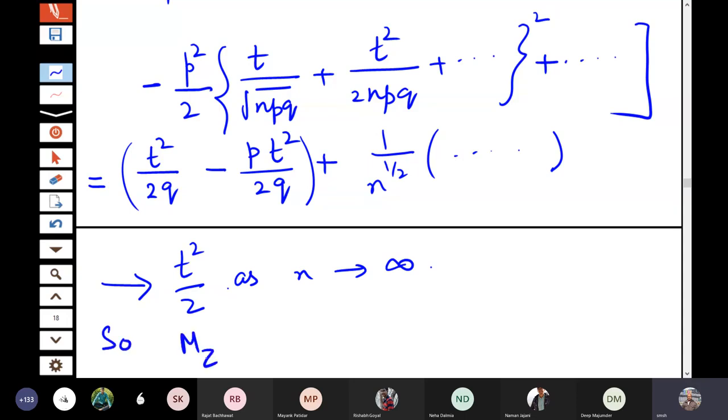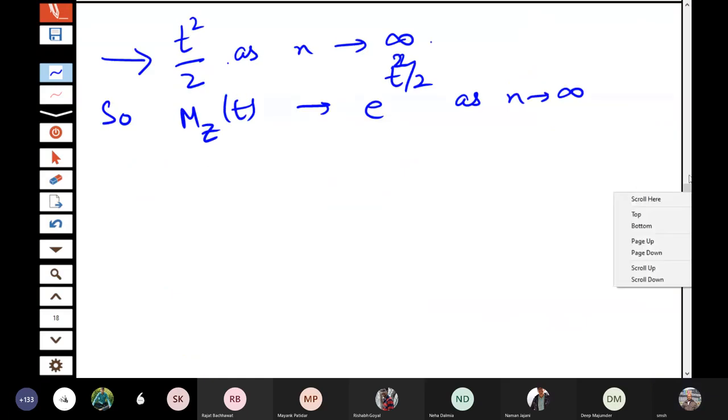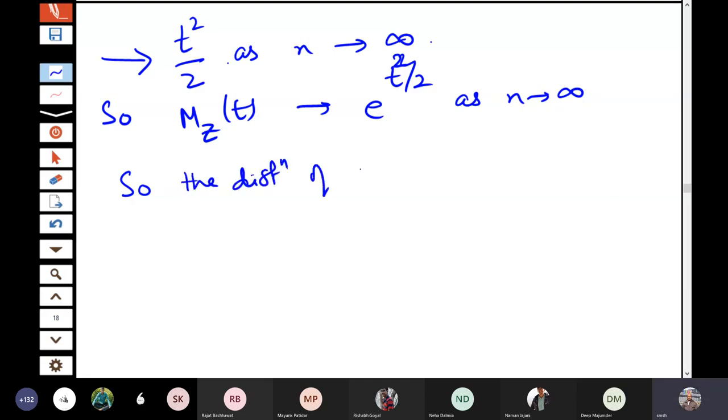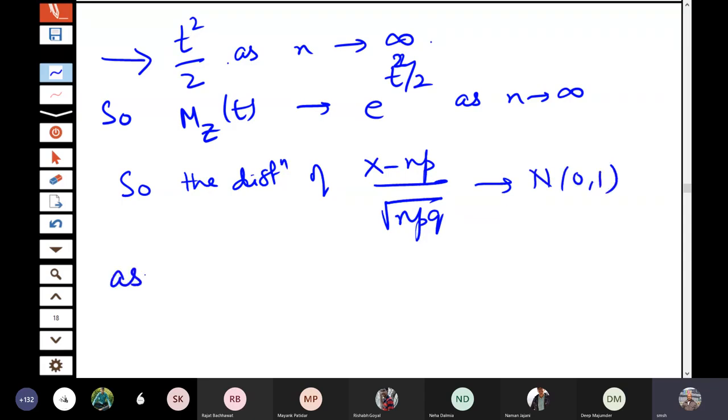So the MGF converges to e to the power t square by 2 as n tends to infinity. So this proves that the distribution of x minus np by root npq converges to normal 0, 1 as n tends to infinity.